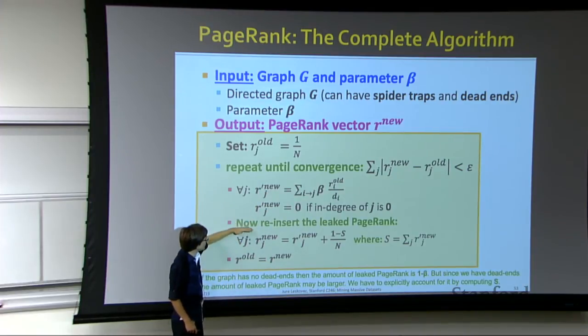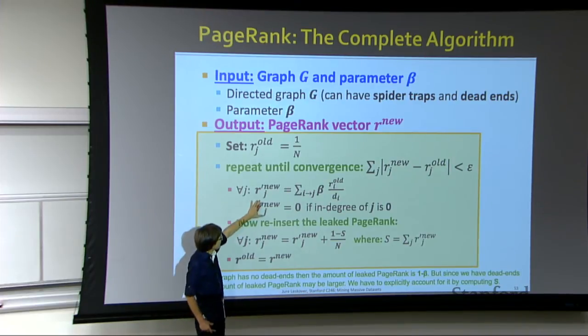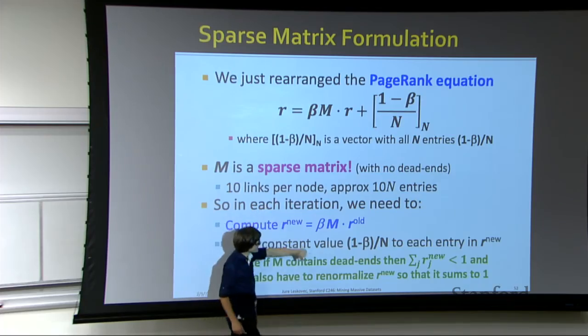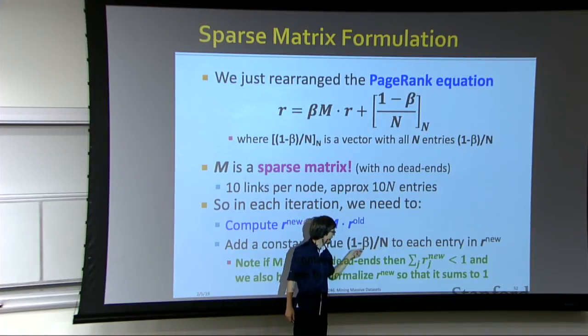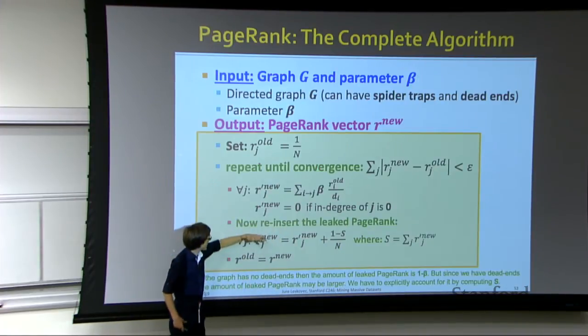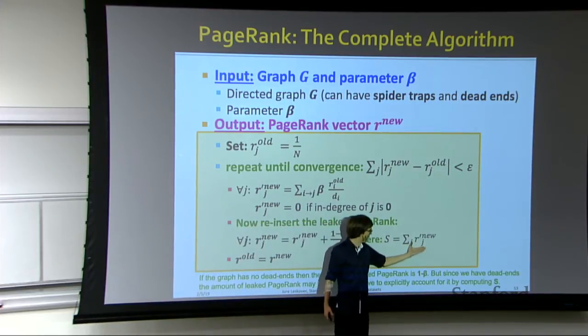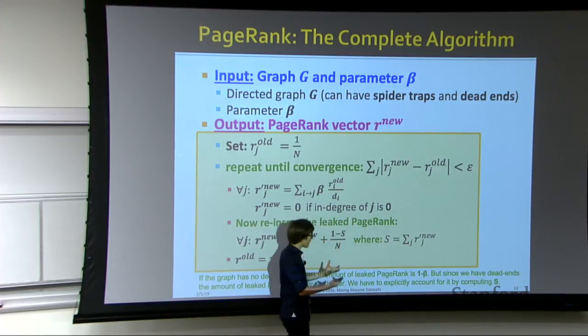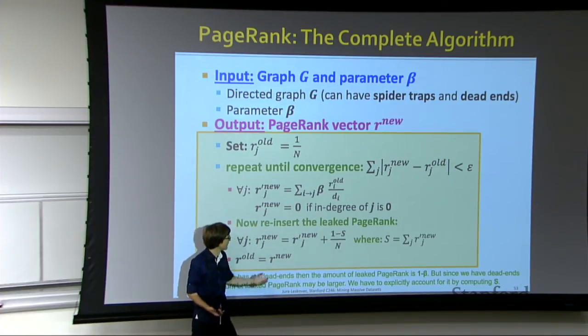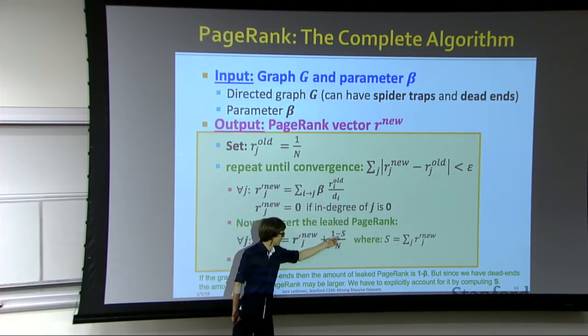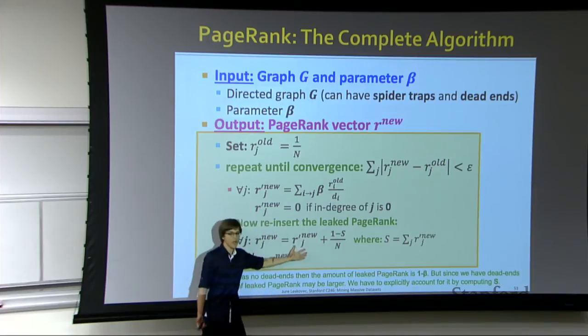Then I need to insert the leaked PageRank. So rather than adding (1 minus beta) over N to every entry, I will do the following. I will ask what is the sum of the new PageRank scores, and whatever is missing to sum up to 1, I will add 1 over N of that to every node.